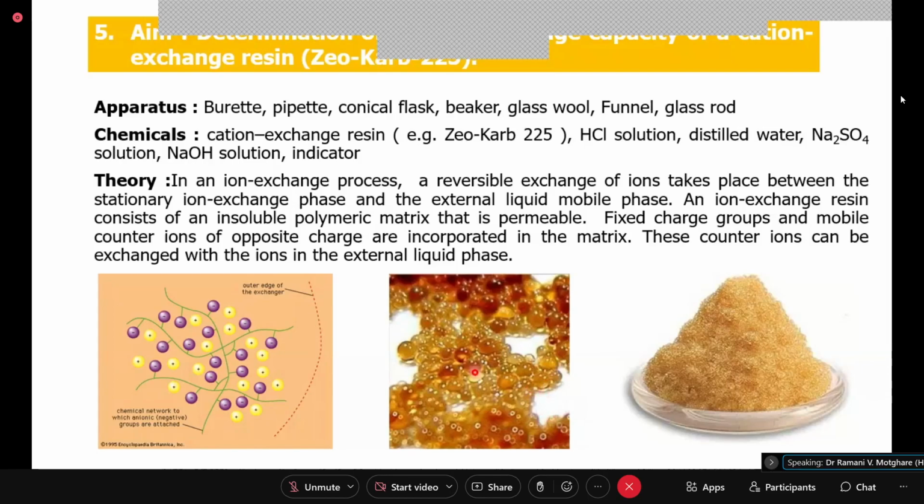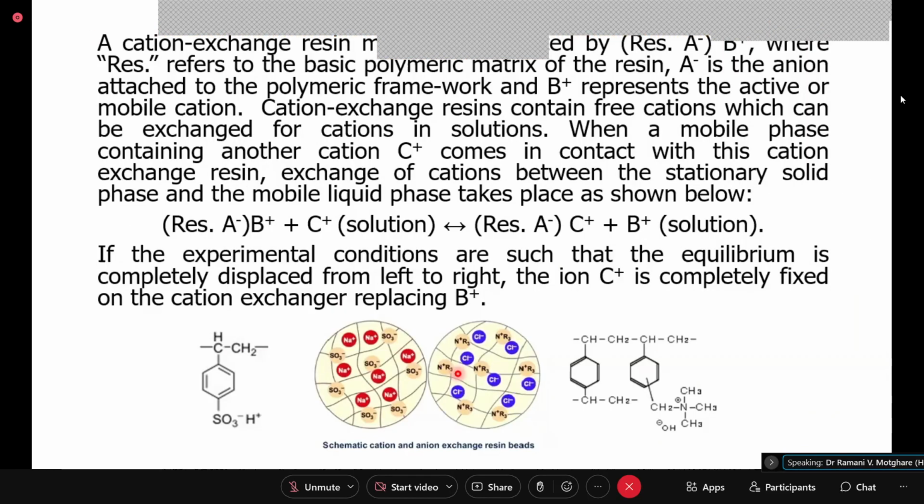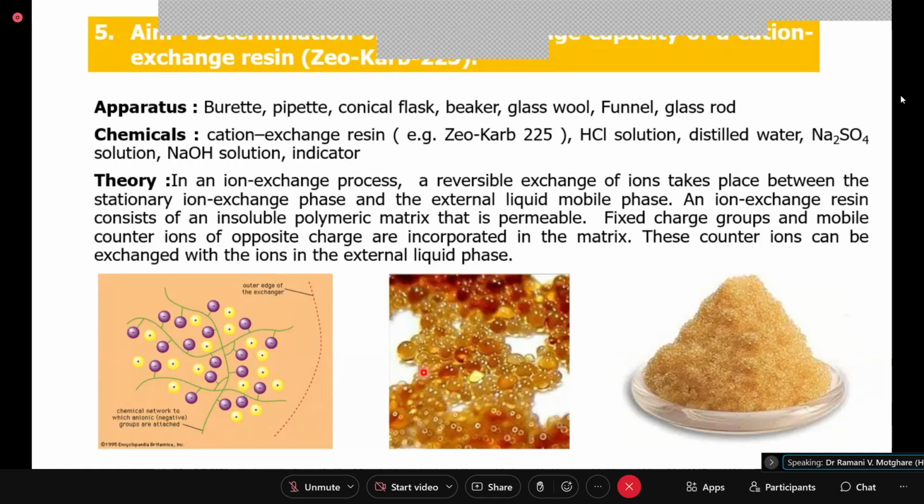Now it is seen that when you place it in a solution, they tend to swell a little, depending on the polymeric matrix and the functional groups. When you put it in solution or water, it will show a slight increase in volume.